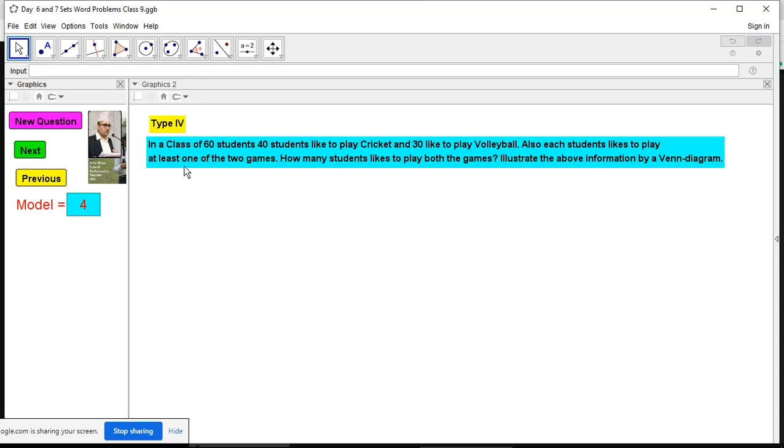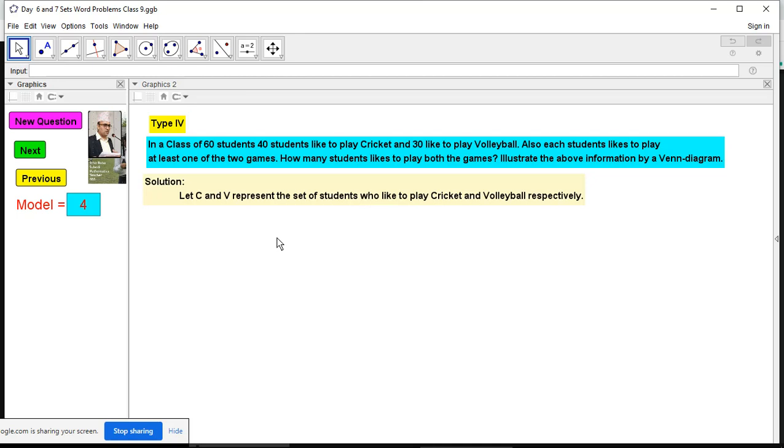Now at least one of two games means either only in set A, or in both sets, or only in B. So there is no complement part. You have to understand from this word, at least one of two games. Please note down yourself. At least one of two games means there is no complement. All the students lie in set A, or B, or both.